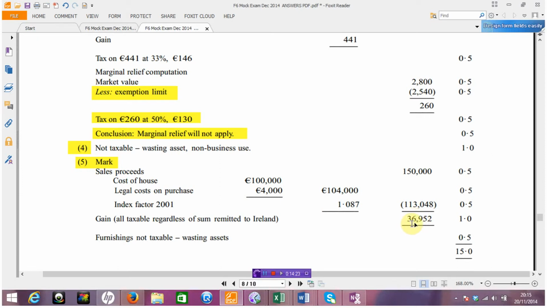Now, in relation to the remittance, as I said when we looked at the question, certainly the individual, I believe Mark, is resident and domiciled in the state, and therefore that individual will be taxed on their worldwide income. So any remittance of foreign gains or foreign income is totally irrelevant. This point here in relation to the furnishings, I think, has been a difficult half mark to get. It's highly unlikely that many students would have dealt with that point. So nothing to worry about there as such.